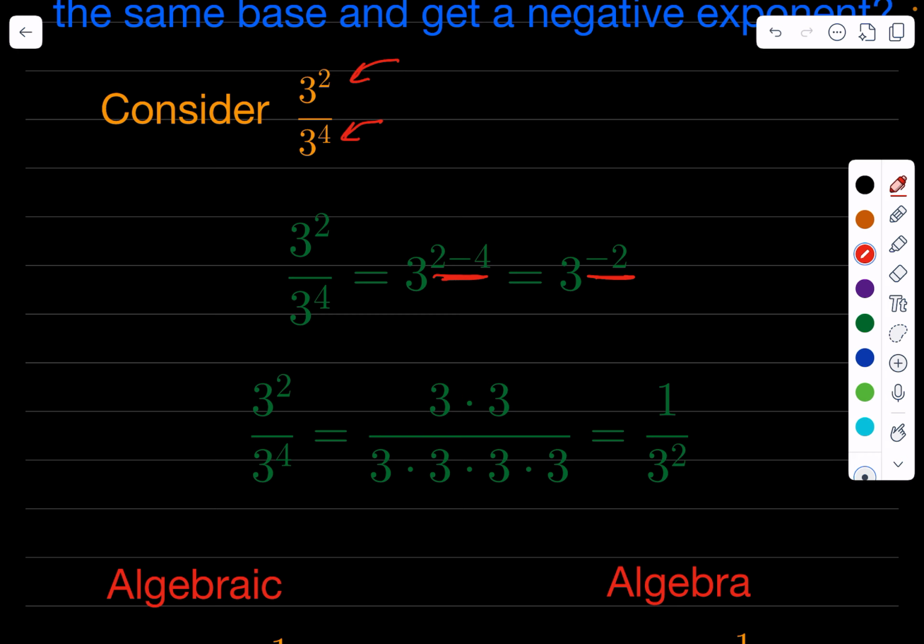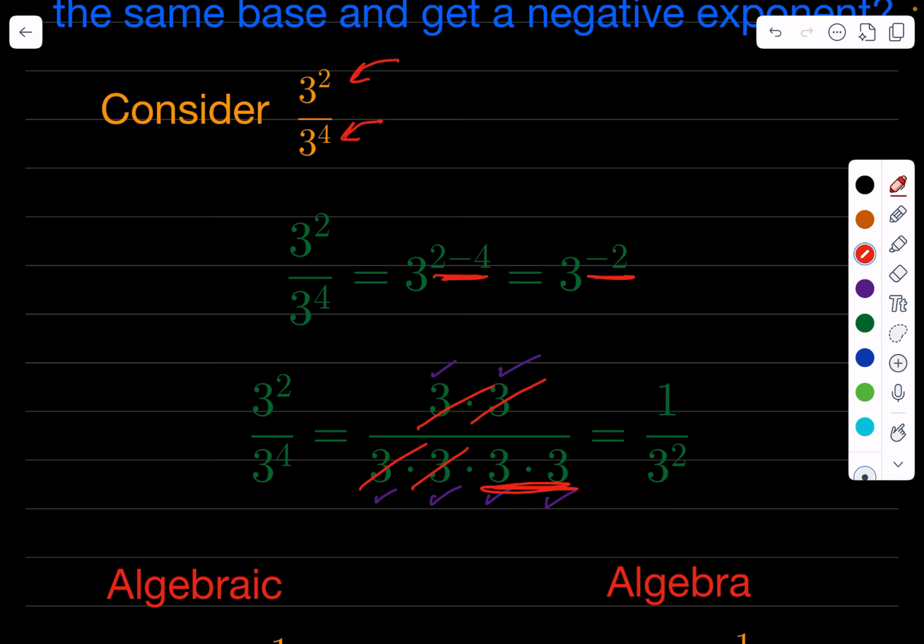We started out with 3 to the second. That is 1 3, 2 3s. We've got 4 on the bottom: 1, 2, 3, 4. Once we cancel this 3 and this 3, I'm left with 2 3s on the bottom.